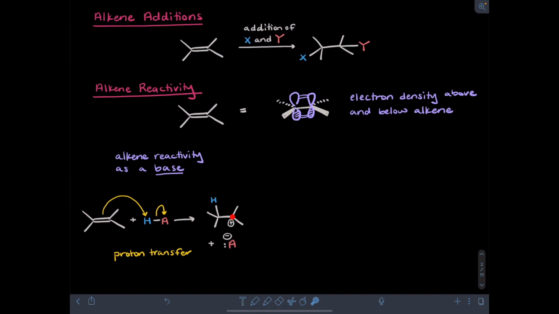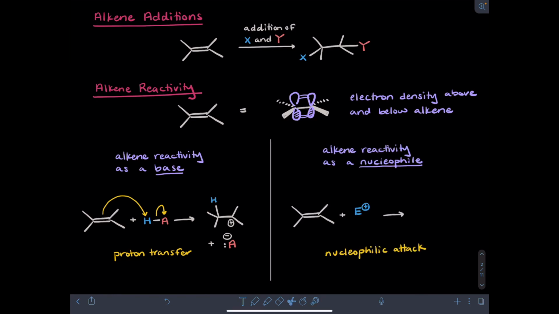And notice that the other carbon that was formerly a part of the alkene now has 3 bonds instead of 4, so it has a positive charge. My other product of the proton transfer is the conjugate base, A-.